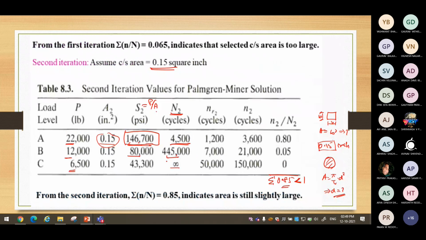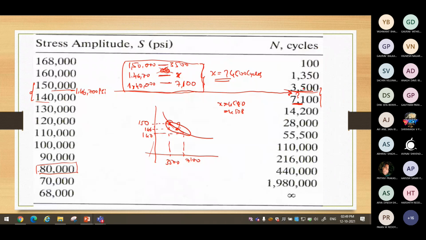Let us go back to the SN diagram value here. We are at 146,700. Total life is 4,500 cycles. Out of this 4,500, you have 2,100 odd for propagation and 2,300 odd for initiation.